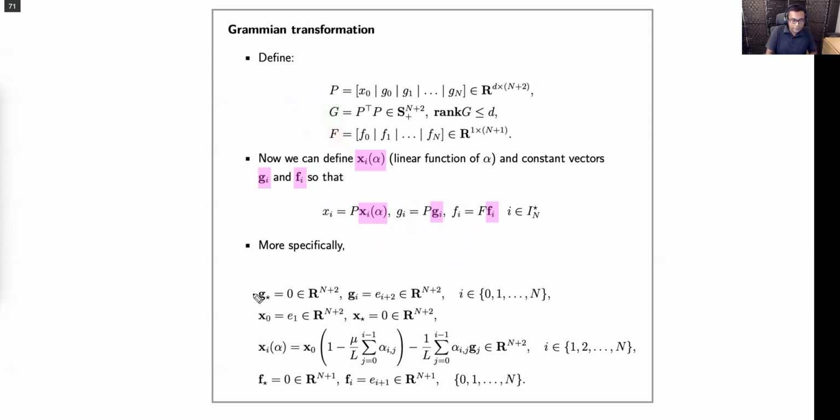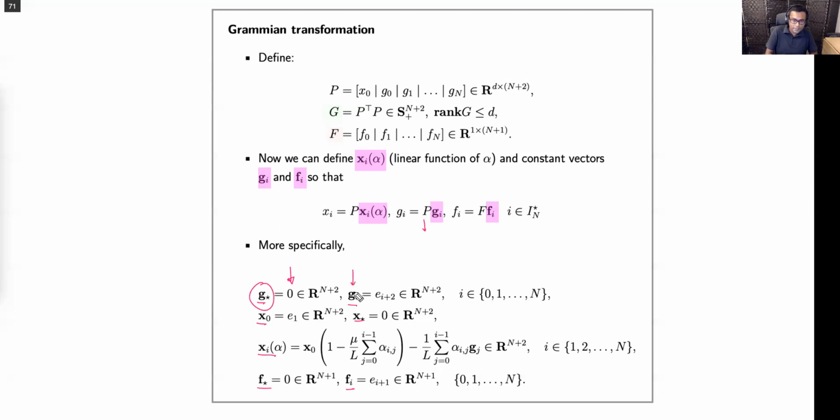More specifically, we can define a few bold vectors. So I am showing you here. Most of them are actually constants. You see that this bold g star is equal to 0. And it has this property that if I multiply this g star with P, I will get g star, which is actually 0 at the optimal point.